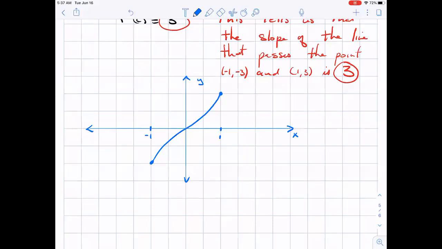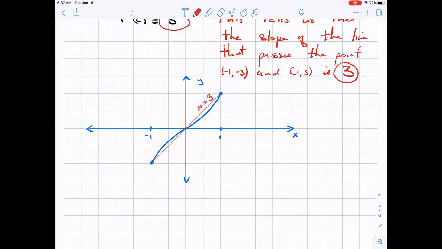This is a rough sketch of the graph, just a piece of the graph. What I found out is that if I draw a line from minus 1 to 1, the slope here, m, is equal to 3.